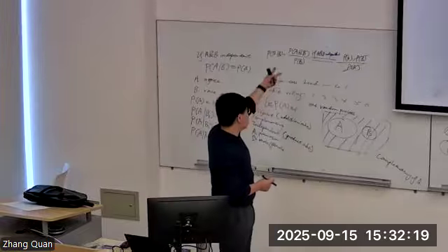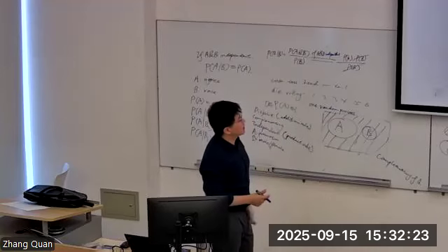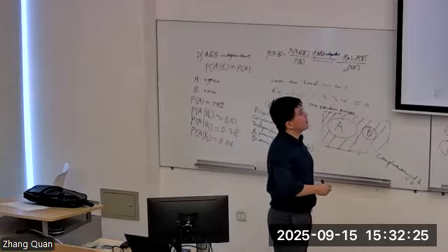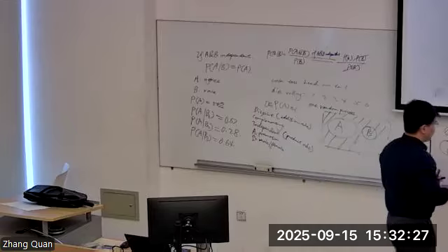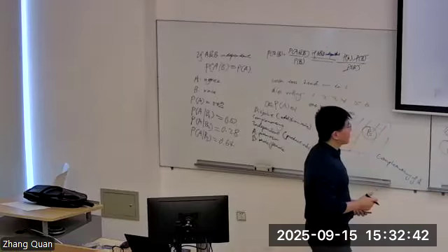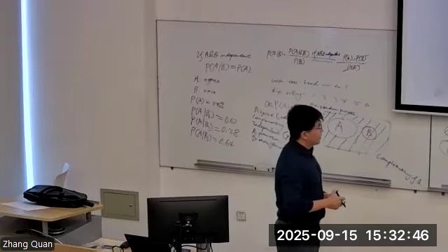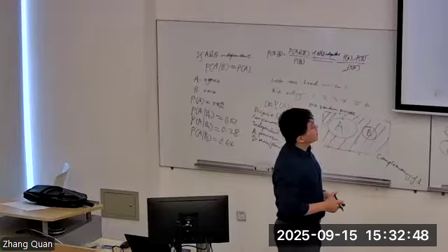So if we just flip the definition a little bit, we can have this called the general multiplication rule: P(A and B) equals P(A given B) times P(B).